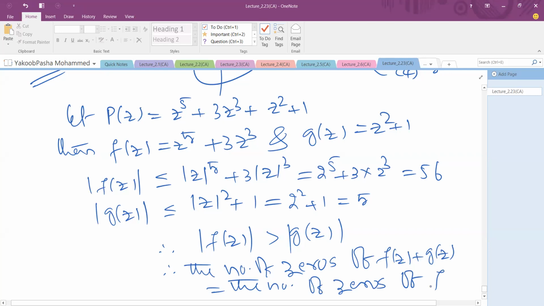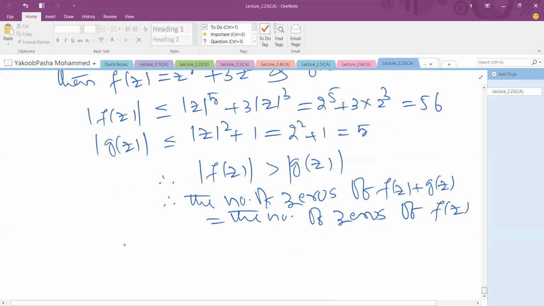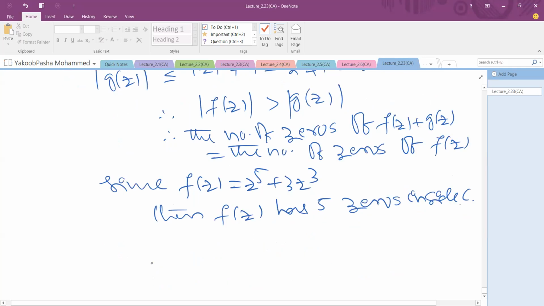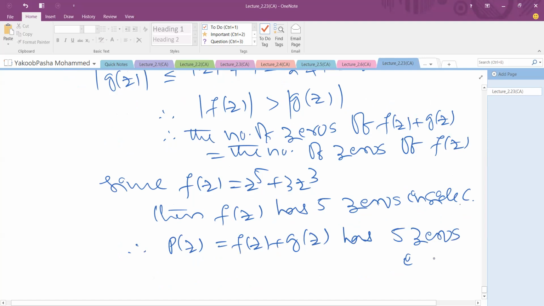It is enough to find the zeros of f of z, and they should be inside C. F of z is z power 5 plus 3z cube, then f of z has 5 zeros inside C. Since f of z has 5 zeros inside C, therefore p of z, equal to f of z plus g of z, has 5 zeros inside C.